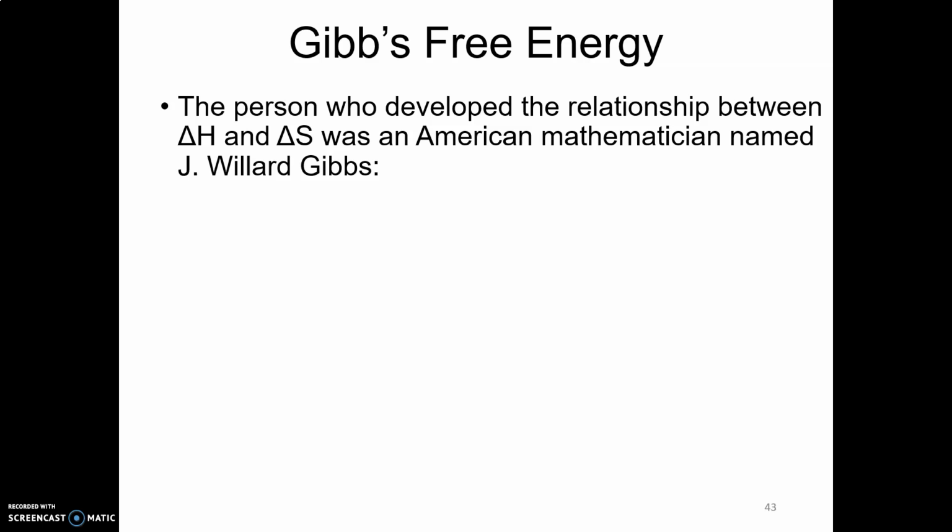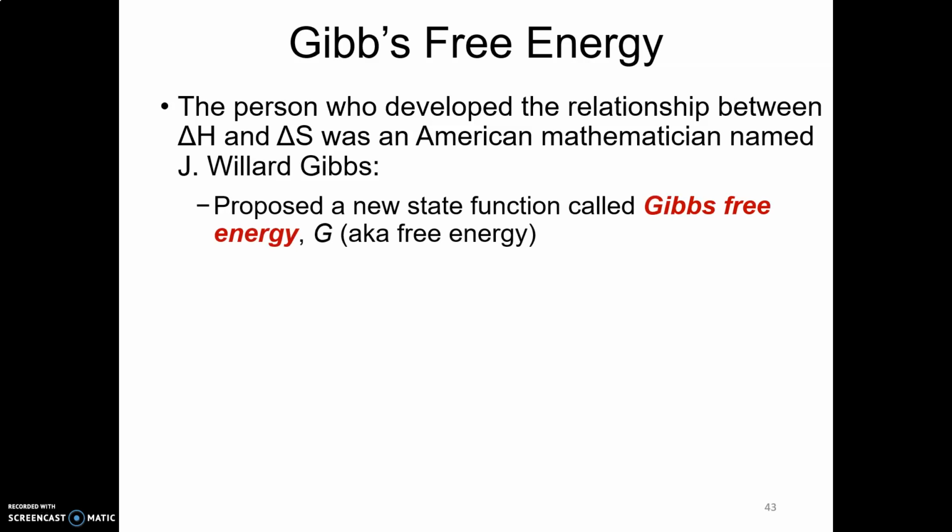He's a guy by the name of Gibbs. He basically comes up with a new thermodynamic constant, which the symbol for is G for his name. A lot of times people just refer to delta G as change in free energy, or maybe they call it change in Gibbs free energy. Sometimes they use this name, sometimes they don't.